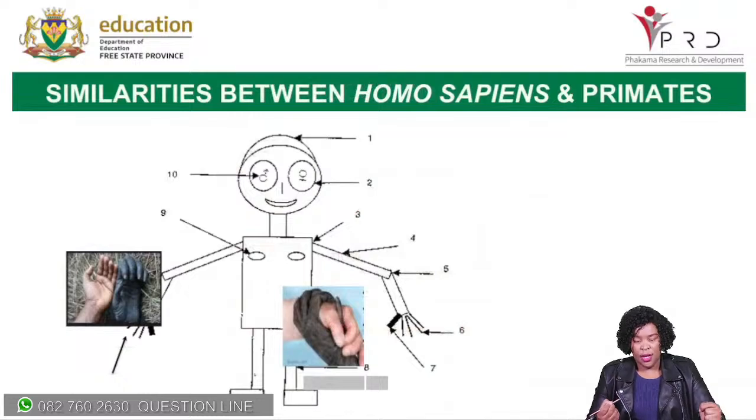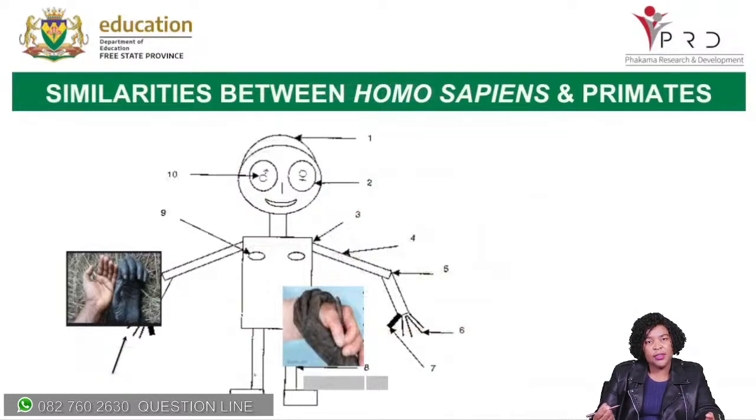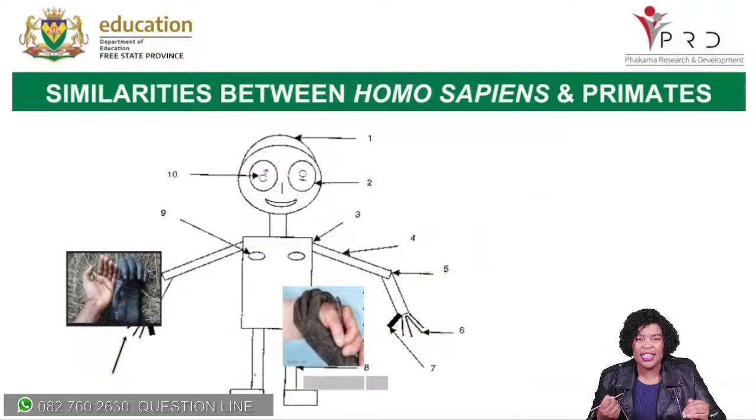Right. The next step is the objective on our list that says you need to know the similarities between Homo sapiens and other primates or the African apes. So this diagram is very important.